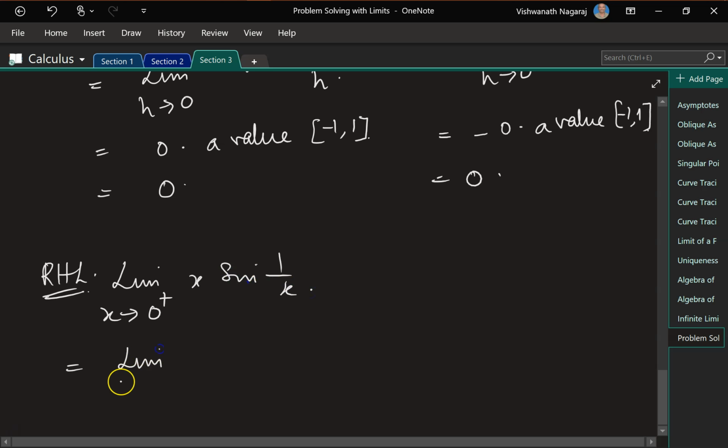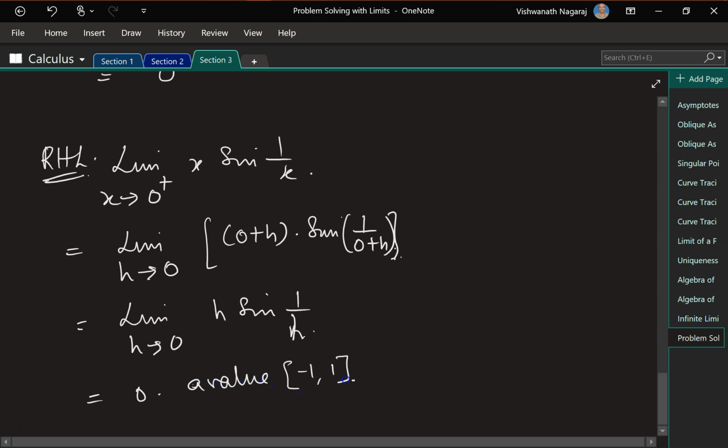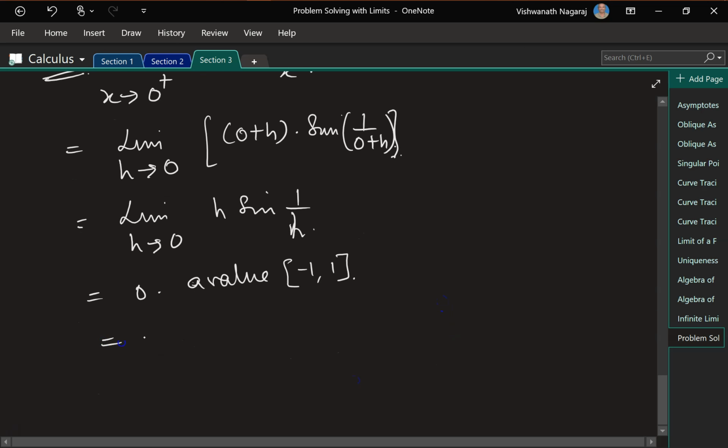Limit as h approaches 0 of 0 plus h times sine 1 by 0 plus h is equal to limit as h approaches 0 of h sine 1 by h, which is equal to 0 times a value between minus 1 and 1, which is equal to 0.